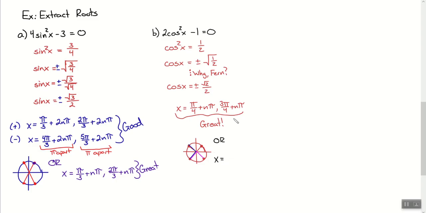So rather than writing it here, we could just start at pi fourths and add any number of quarter circles, or n pi halves.